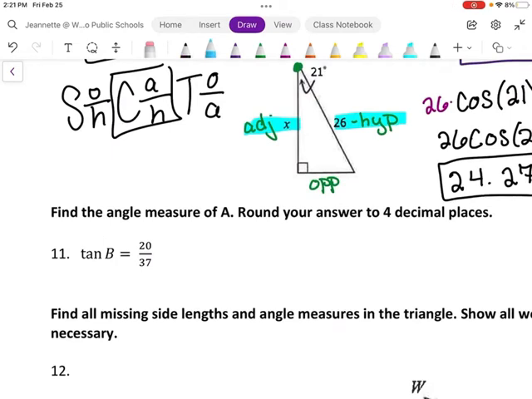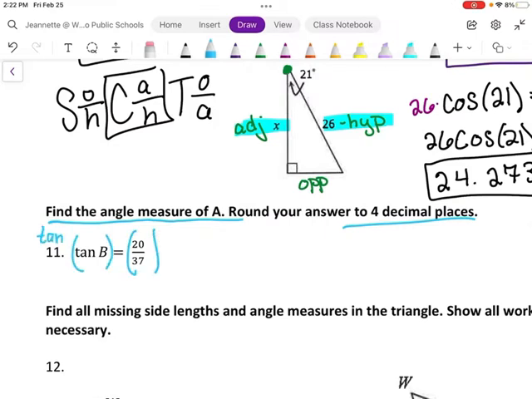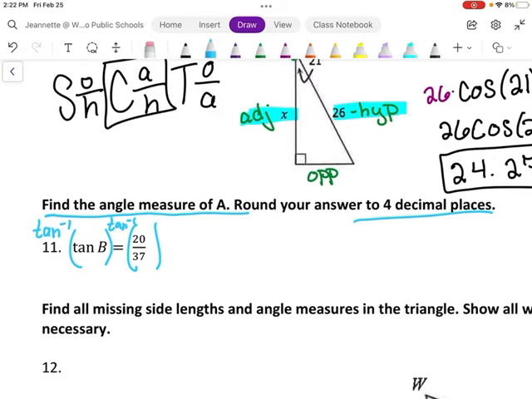Our next problem, this one we have tangent of B equals 20 over 37. And we're going to find the measure of angle A, and we're rounding to 4 decimal points. So to do this, to find an angle, you're going to be doing the inverse value. So this one we're going to do tan -1 on both sides. And when you do that, the tangents on the left simplify, and we're left with angle B. And then on the right side, that's what you're going to type into your calculator.